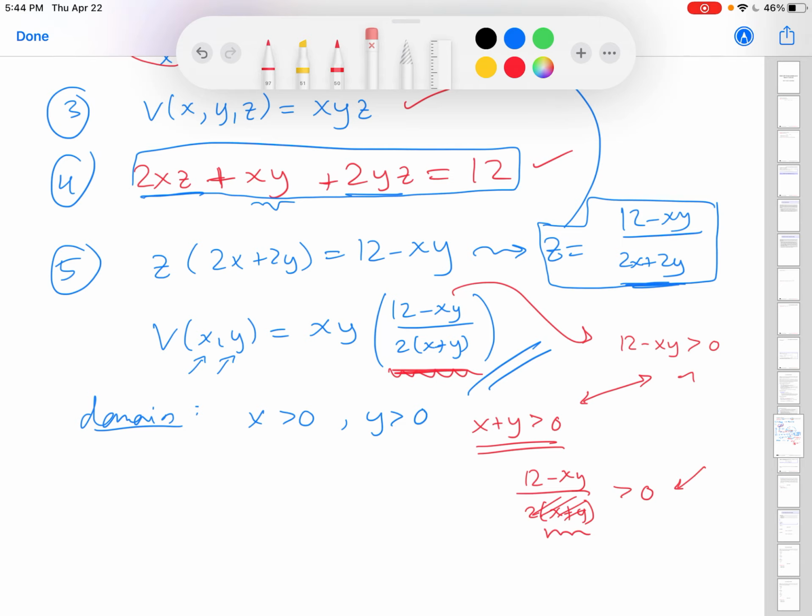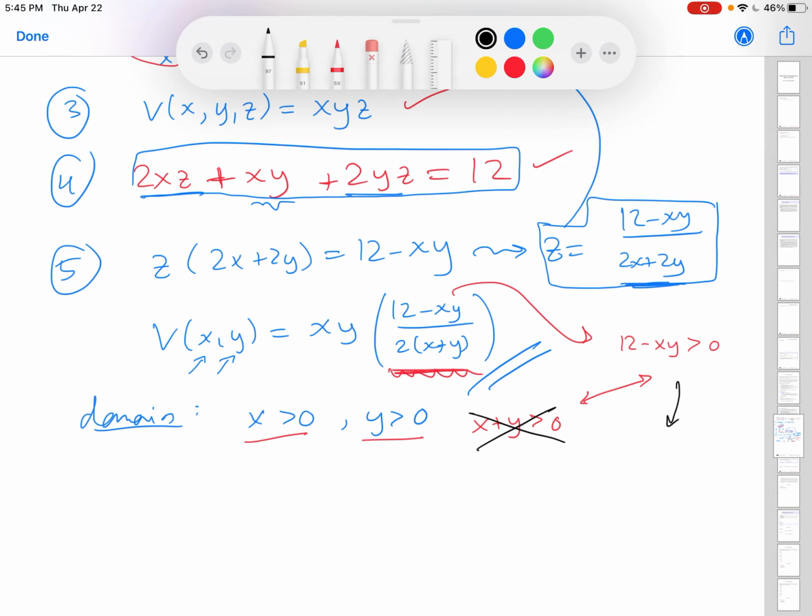So the two inequalities that we've come up with are really two independent inequalities. And you can see that actually one of them is superfluous, because if I demand x and y both being positive, then their sum is going to be positive. So I actually don't have to worry about this inequality. We can disregard it.